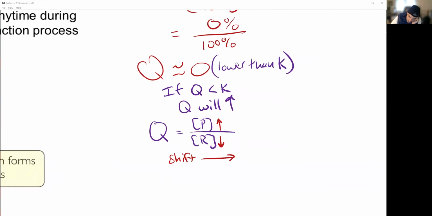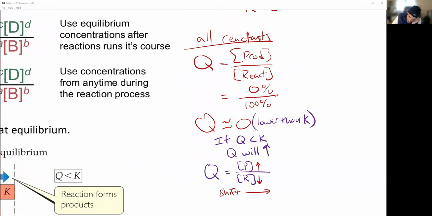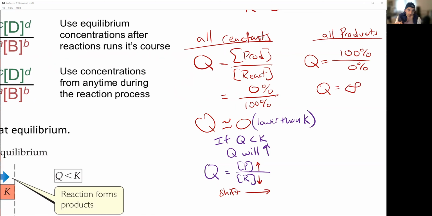The opposite is true if we had all products. Q is equal to, let's say, 100% products over 0% reactants. I recognize it's undefined, but Q is ultimately a giant number, close to infinity.